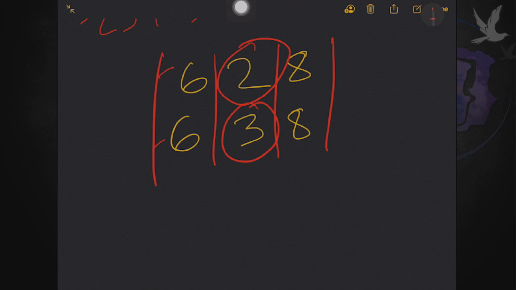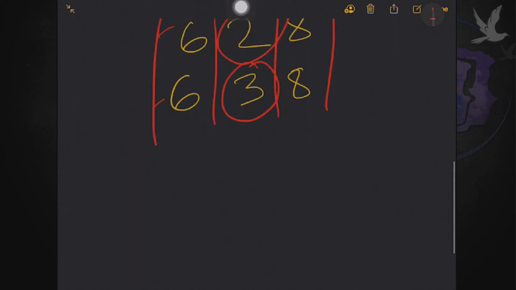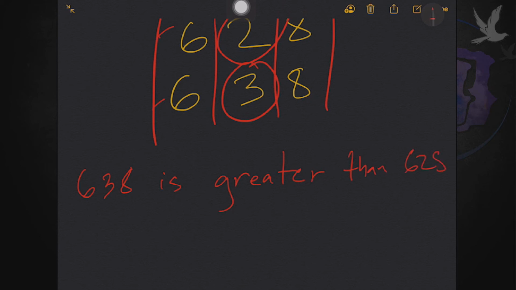Okay? So, it's obviously 3 because if you're going to count from 0: 0, 1, 2, 3. Okay? 3 comes after 2. So, this only proves that 3 has a greater value than 2. So, we can now write 638 is greater than 628.